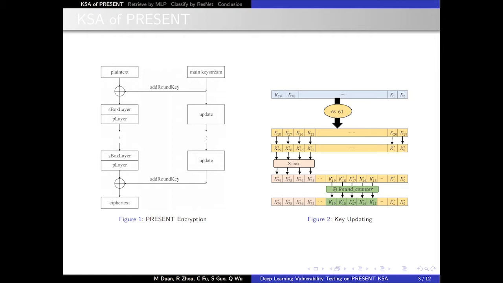The master key is loaded in the key register, and it iterates 32 rounds to generate 32 round keys. Figure 2 shows the key updating of one iteration. It includes rotation, S-box function, and exclusive OR function. Finally, the most significant 64 bits are truncated from the key register as the real round key.